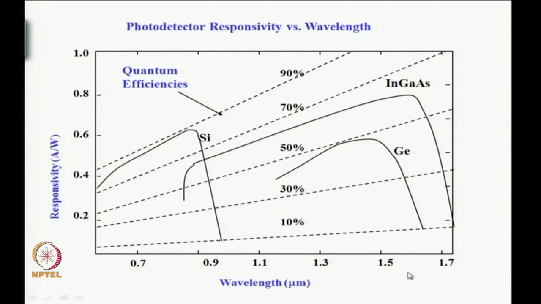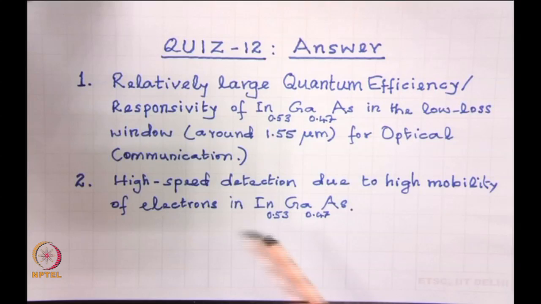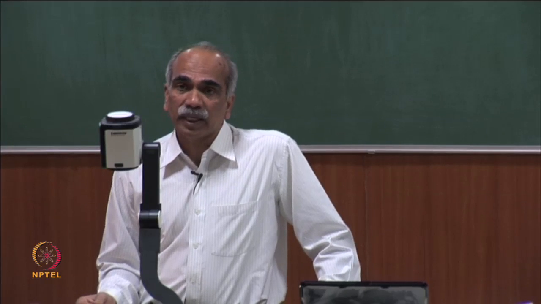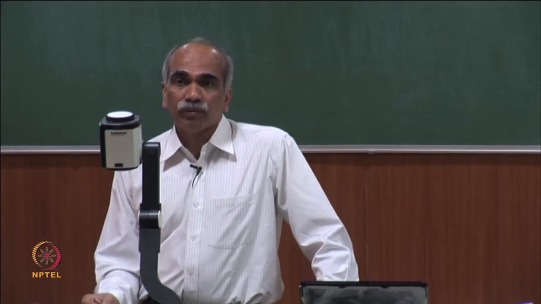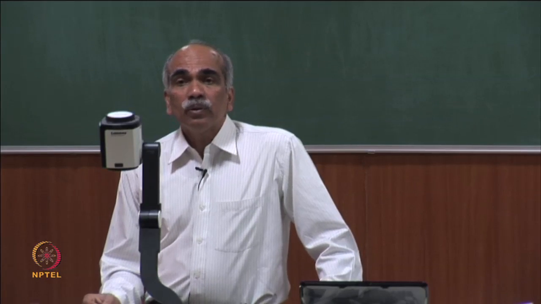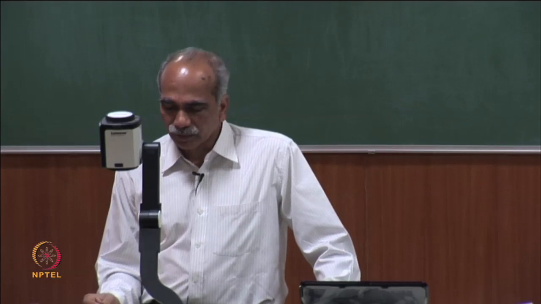and that is one of the main reasons why one goes for indium gallium arsenide. The second reason is high speed detection due to the high mobility of electrons in indium gallium arsenide. In an earlier class we had discussed that the electron mobility of indium gallium arsenide is of the order of 14,000 centimeter square per volt second, compared to silicon and germanium, which have a few thousand mobility of electrons.